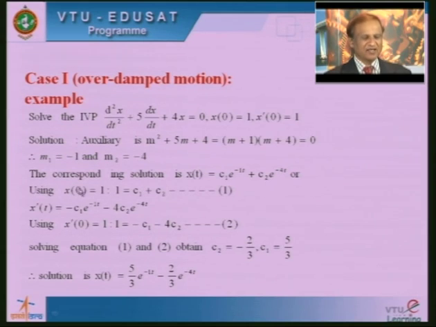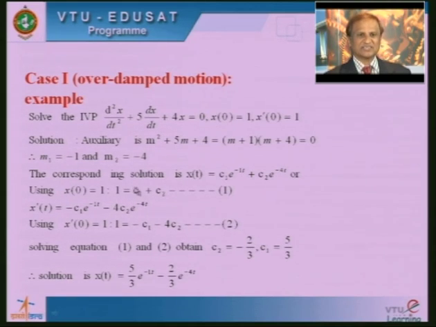I hope we are able to write down the solution. The solution is x of t is equal to c1 e to the power minus 1 into t plus c2 into e to the power minus 4 into t. They have given the initial conditions. Using x of 0 is equal to 1, I can find the arbitrary constants.